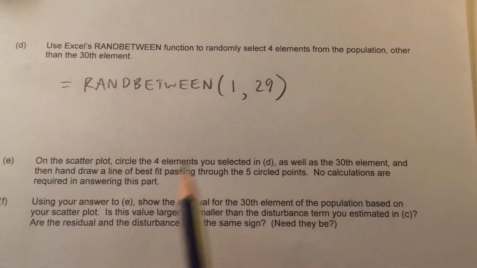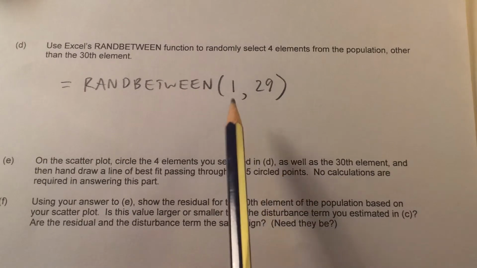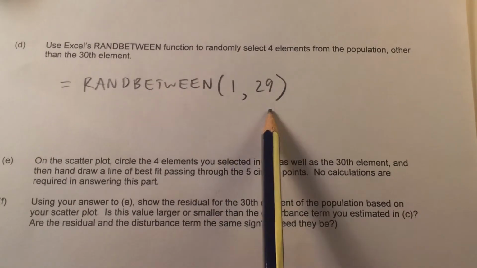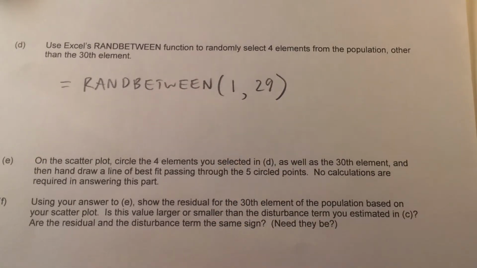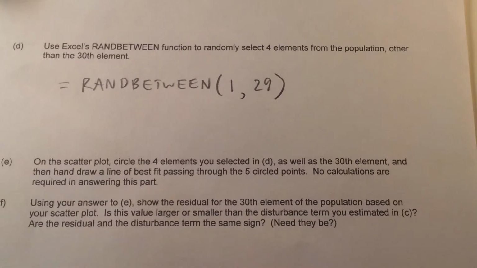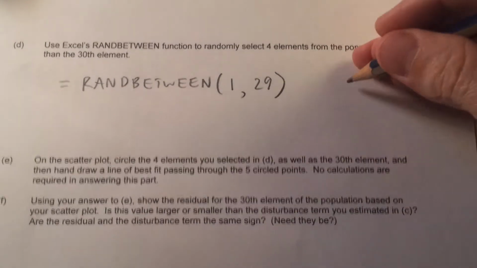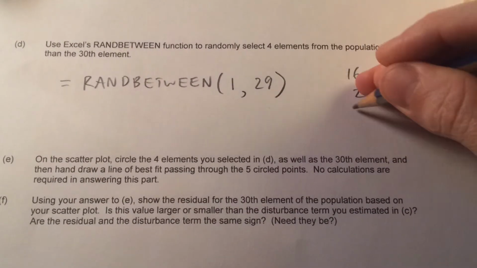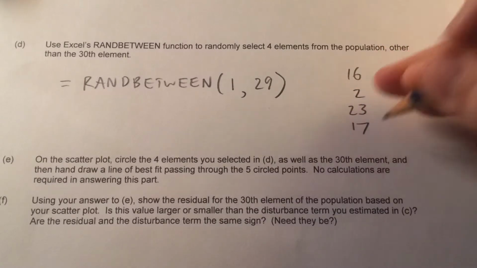And this function will just randomly pick an integer between 1 and 29 inclusive. And copy that formula so you get 4 numbers produced. I actually came up with the values of 16, 2, 23, 17.